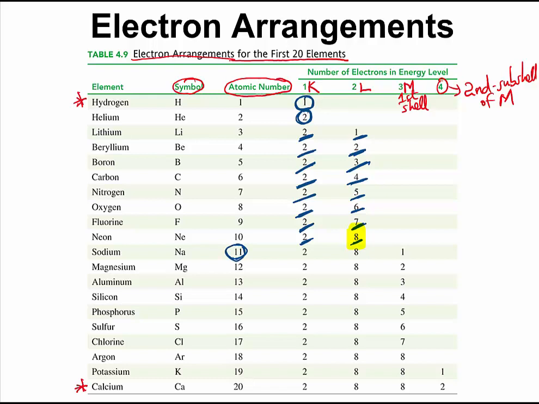So how will they be arranged? 2 of them in the K shell, 8 of them in the L shell, the remaining 1 in the first subshell of M. Magnesium has 12 electrons, so it will be 2 in the K shell, 8 in the L shell, the remaining 2 in the first subshell of M. But also remember, the first subshell of M can only take a maximum of 8 electrons.